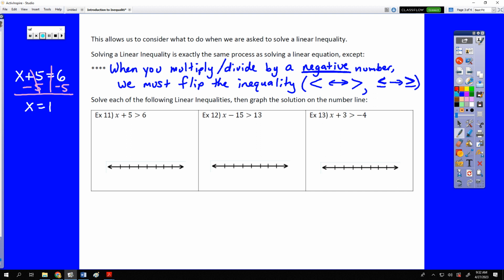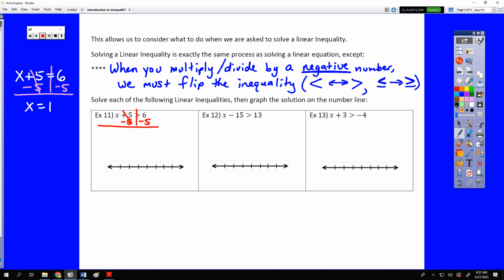Well, an inequality behaves exactly like an equation in all but one situation. So when we look at this, we still go, oh, I need to subtract 5 to get x by itself. Now, subtracting 5 is not multiplying or dividing, right? So it behaves exactly like an equation. And we just have a different symbol.